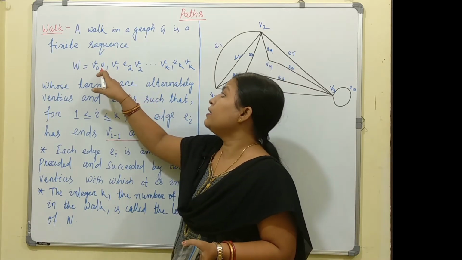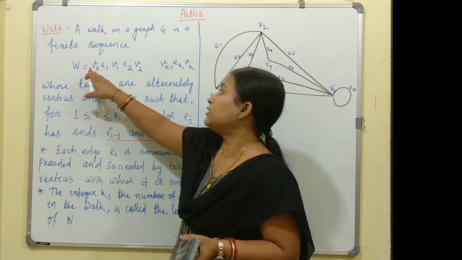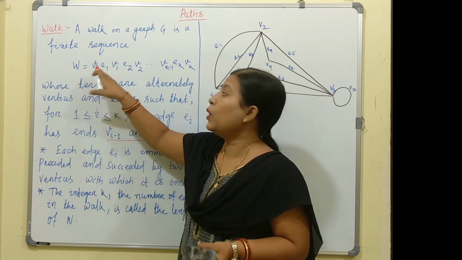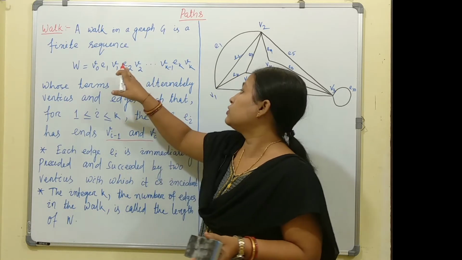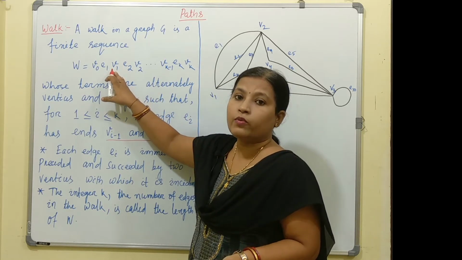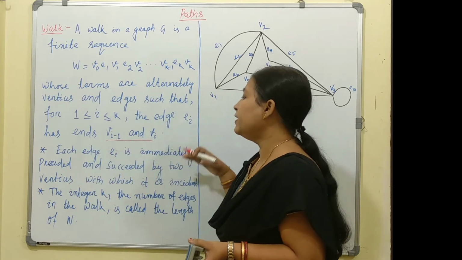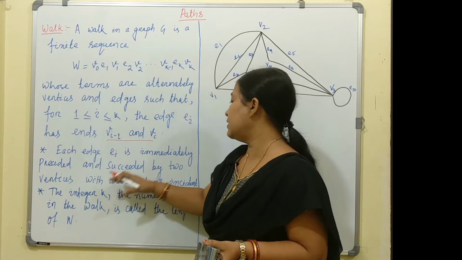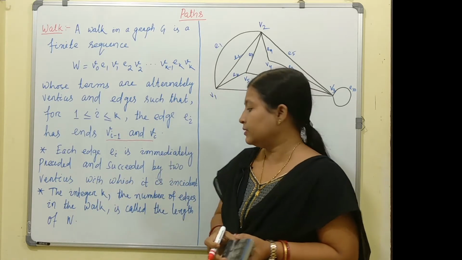So here E1 is an edge with two ends, V0 and V1, and E2 is an edge with two ends, V1 and V2. So each edge Ei is immediately preceded and succeeded by the two vertices with which it is incident.